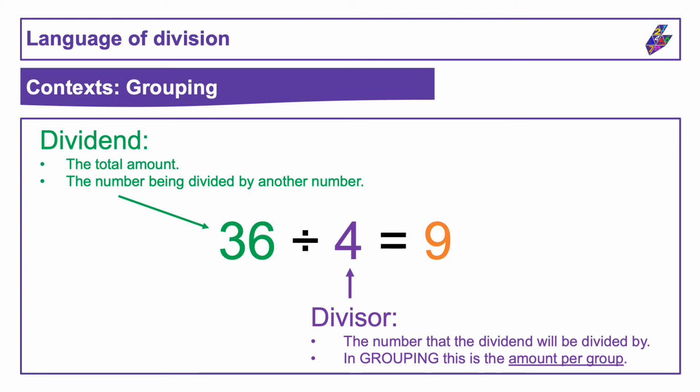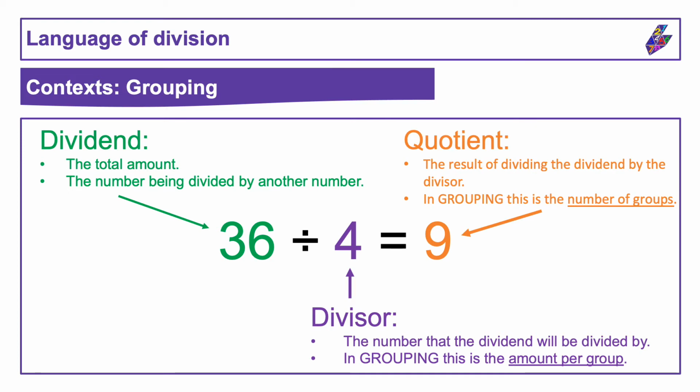In grouping contexts, this is the amount per group. The quotient is the result of dividing the dividend by the divisor. In a grouping situation, this is the number of groups, which in this case was 9. 9 boxes are needed to hold all the basketballs if they're stored 4 per box.